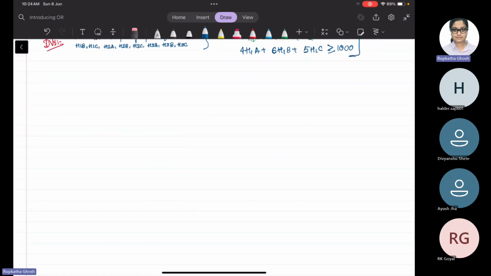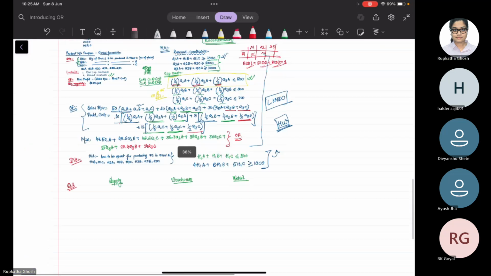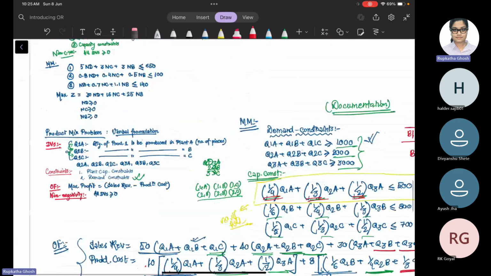Anyway, I'll draw so you can follow whichever you have drawn. So here we have the supply, here we have the warehouse, and here we have the retail. This is question 2. This is question 1.